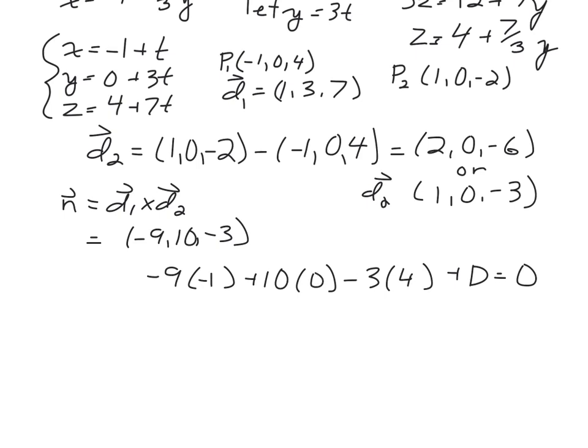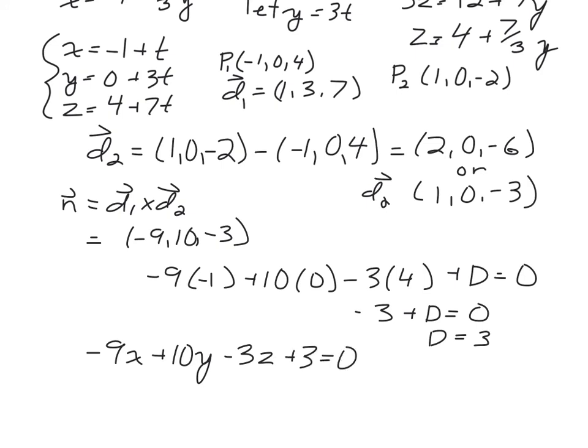And that gives me 9 minus 12, which is -3, plus d equals 0, so d = 3. So my scalar equation is going to be -9x + 10y - 3z + 3 = 0.